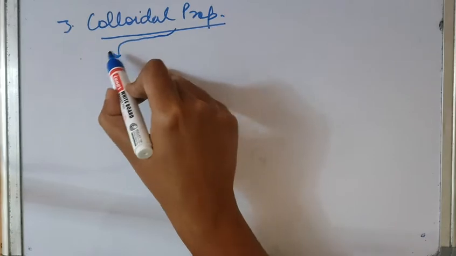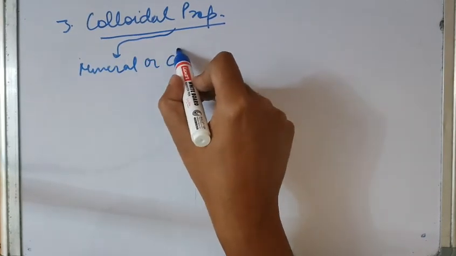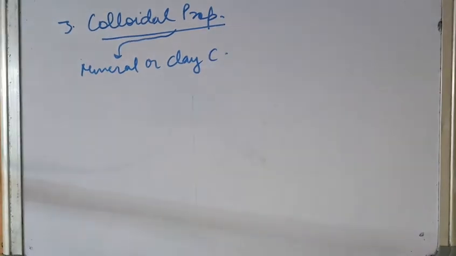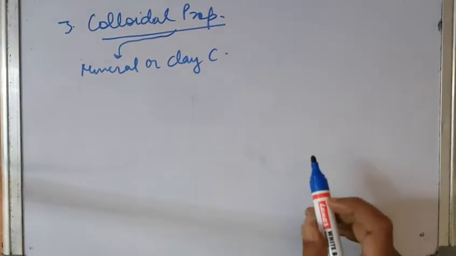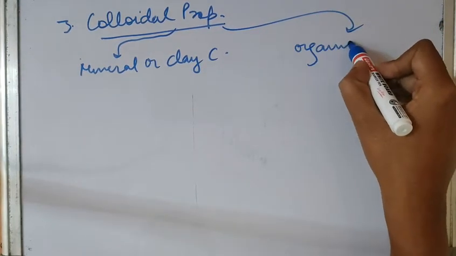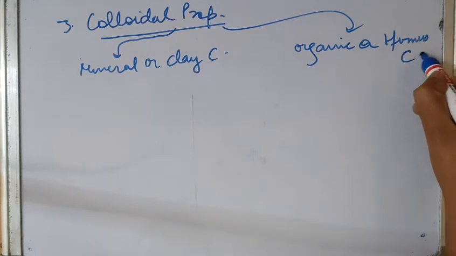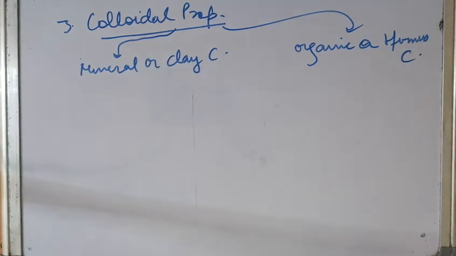First, we have mineral or clay colloids, and the second, organic or humus colloids. First we will discuss mineral or clay colloids.